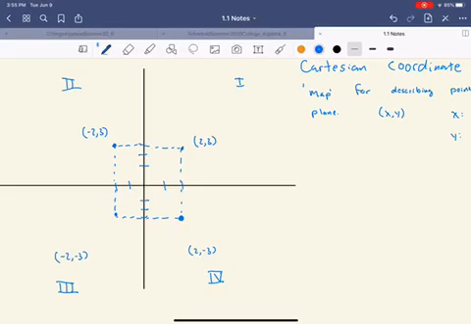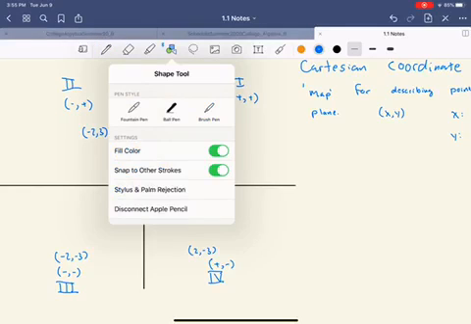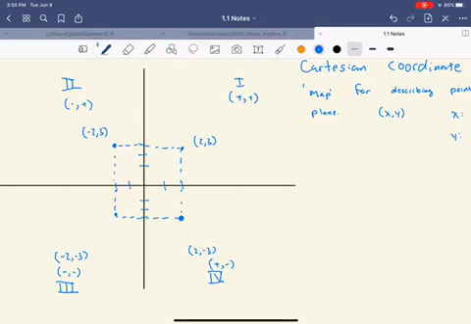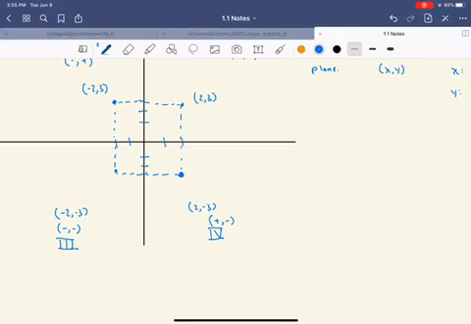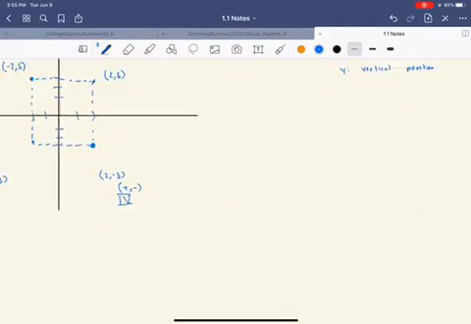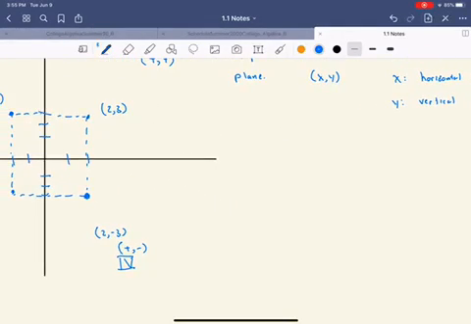Okay, so let's label them: both positive here, negative positive here, both negative here, positive negative here. Okay. All right. Next thing we're going to talk about is the distance formula.